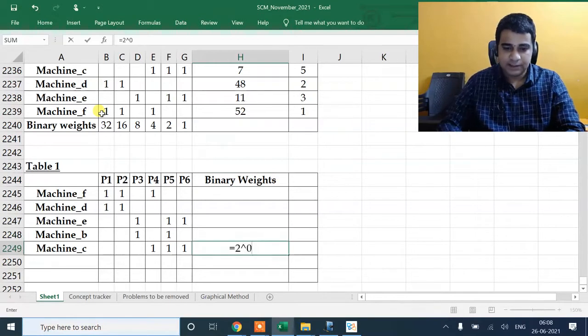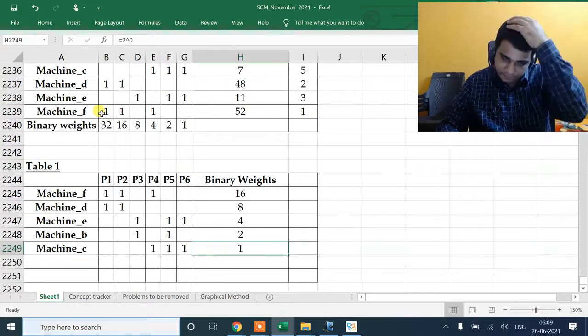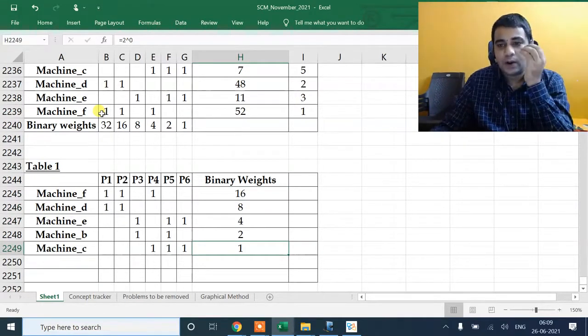2 power 0, 2 power 1, 2 power 2, 2 power 3, 2 power 4. Assigned weights now to each of the rows. Earlier we assigned it to each of the columns.